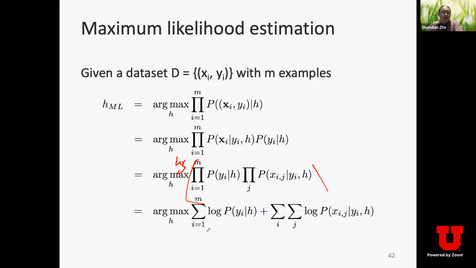You're maximizing a summation of the log joint probability over m examples. For each example, we need to look at the logarithm of the prior given this particular hypothesis, plus the summation over every feature of the log probability of each particular feature, given the label yi and h.